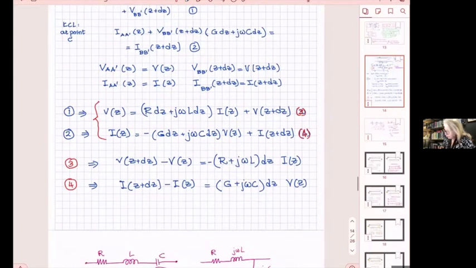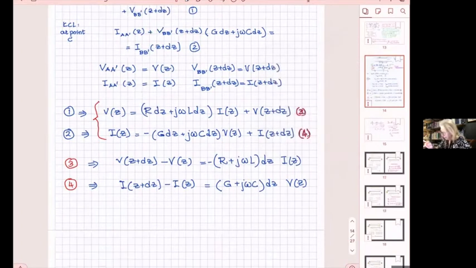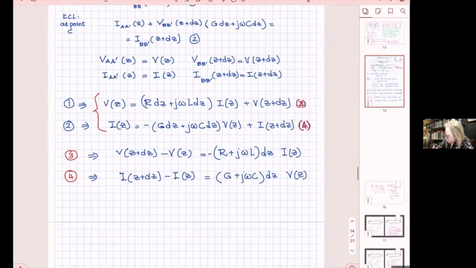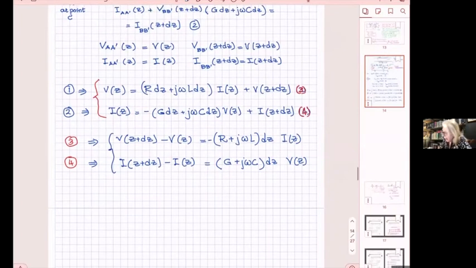Okay. Now, what do I do here? I will add one more page. Here, I have these two equations. I continue with the writing. Now, I divide both sides of those by dz.